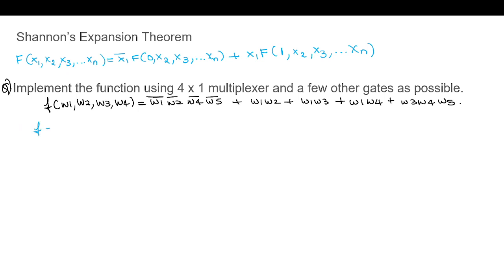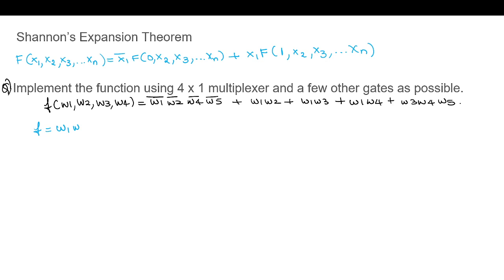If we expand through Shannon expansion, you can see W1 and W4 are almost repeating in all the min terms, so I am expanding with respect to W1 and W4.